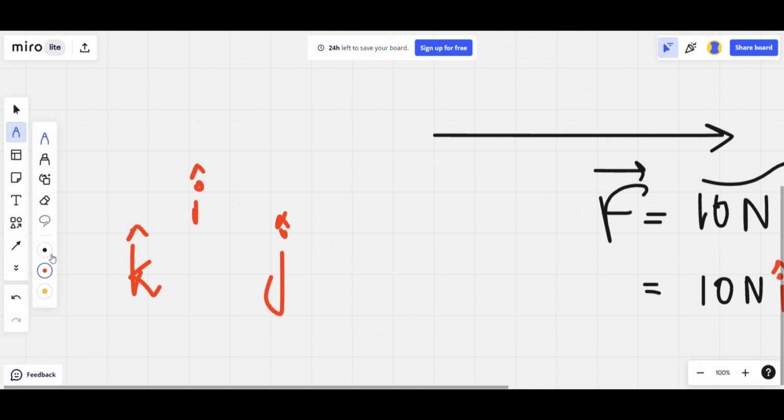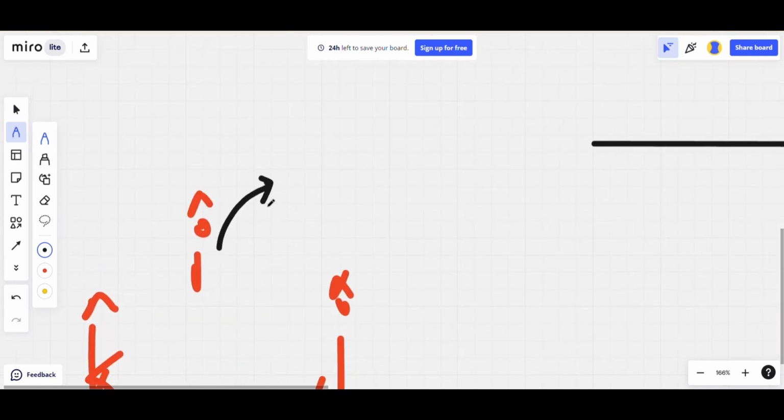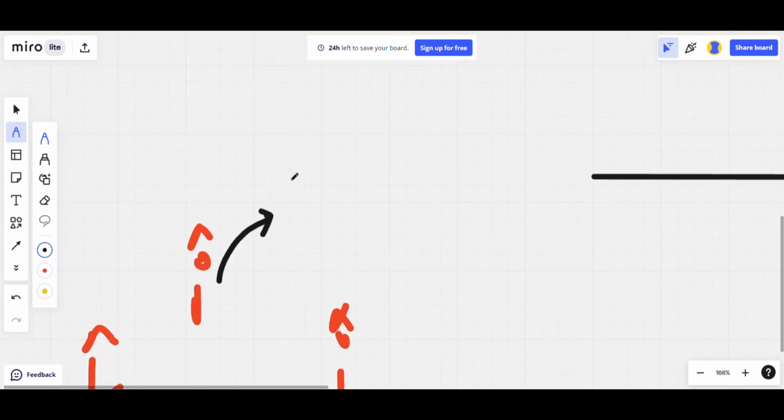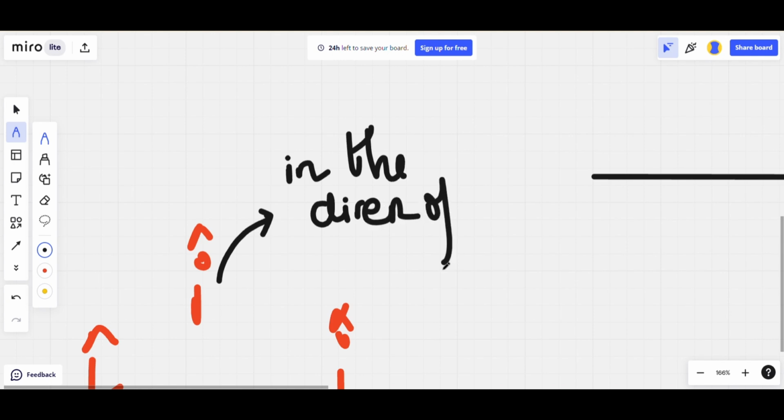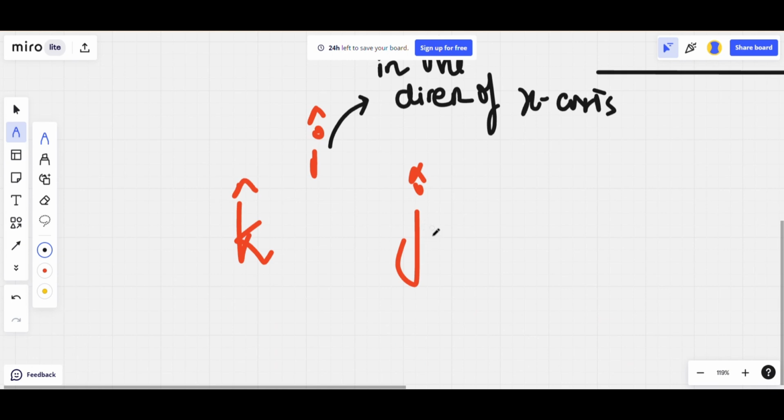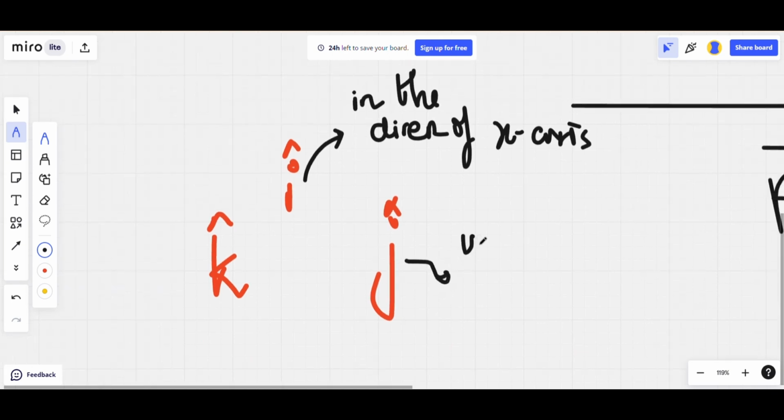Now why did the scientists bring out these? Let's look at the meaning. What does I cap mean? I cap means a unit vector in the direction of the x-axis. What does J cap mean? J cap means a unit vector in the direction of the y-axis.